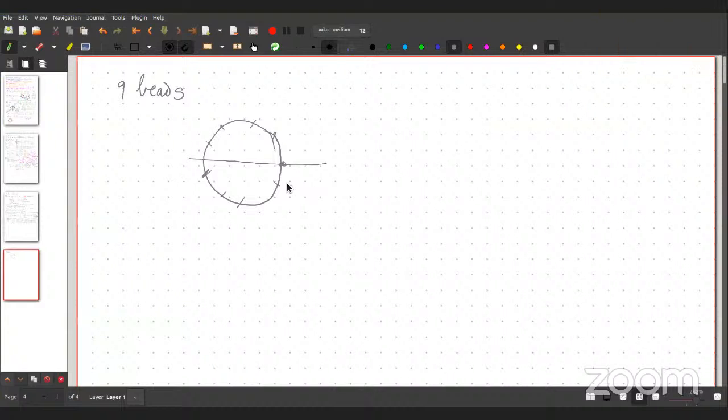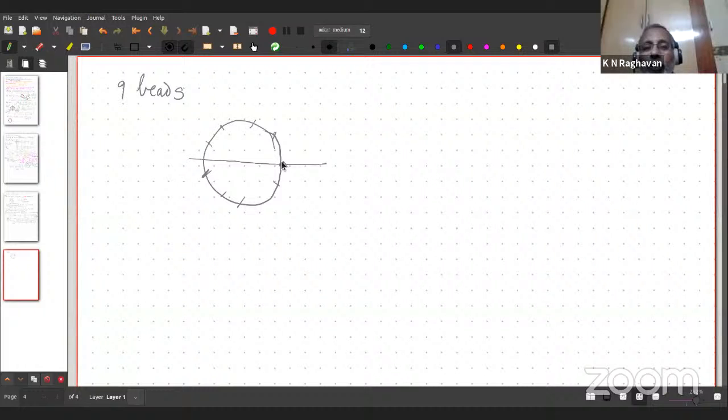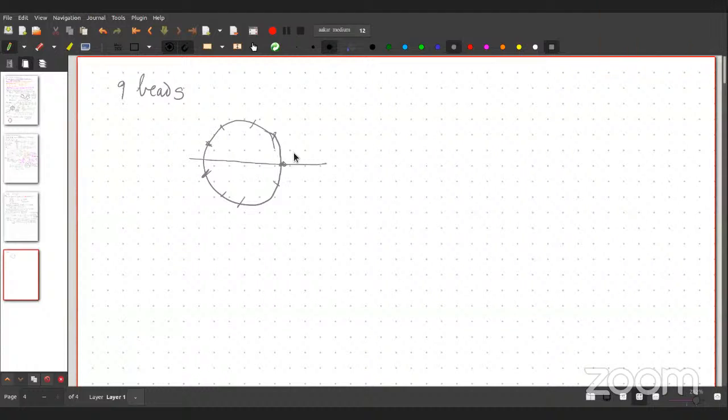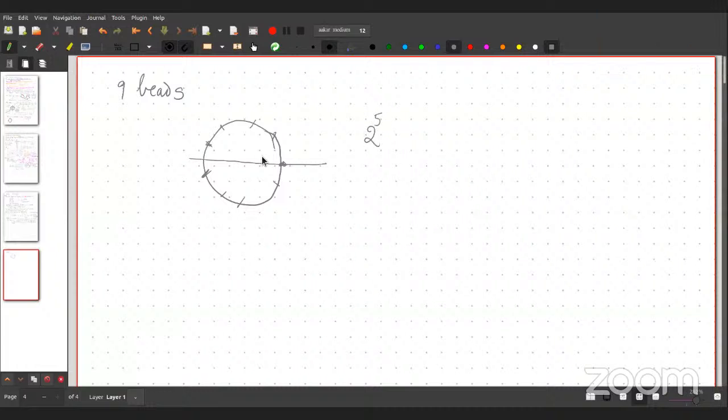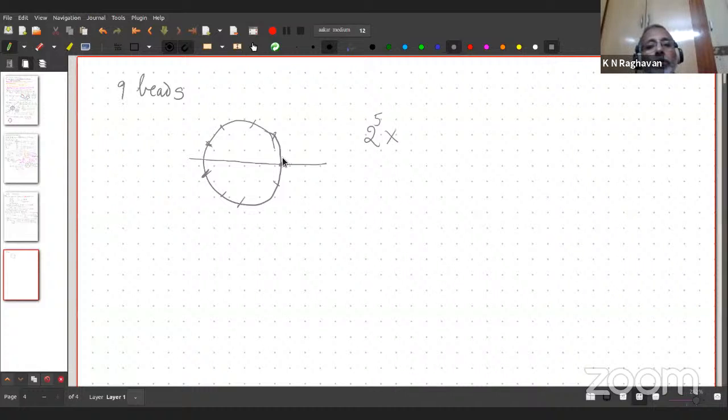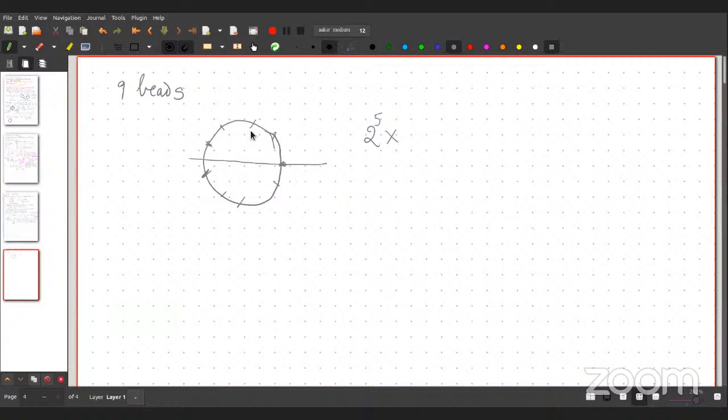In that case, we have 2 power 5 for every reflection. 2 power 5, very good. And how many reflections are there?